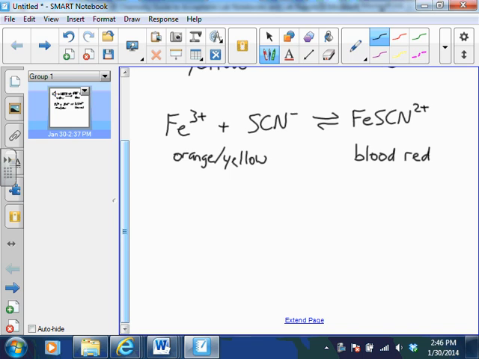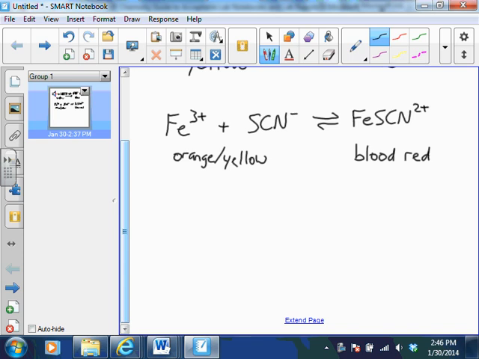So you're adding a bunch of things to that equilibrium system to push it one way or the other. For example, one of the stresses they give you is 0.1 molar KNO3. You can think about whether KNO3 would really change anything in this equilibrium.